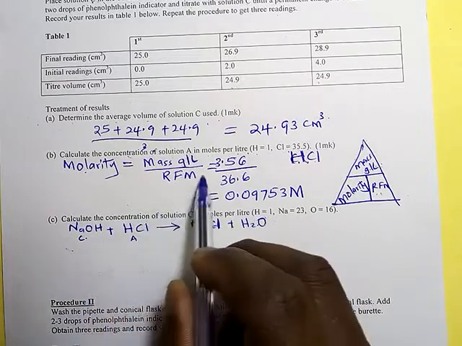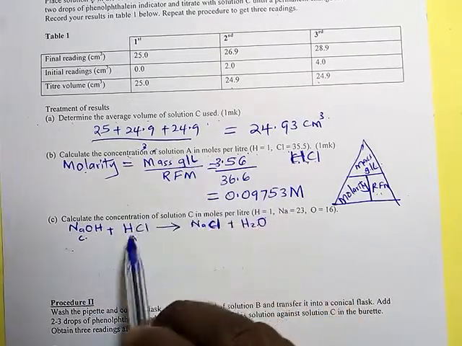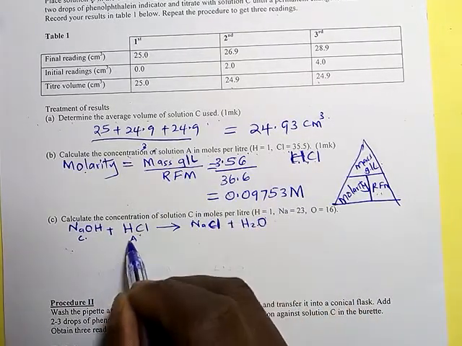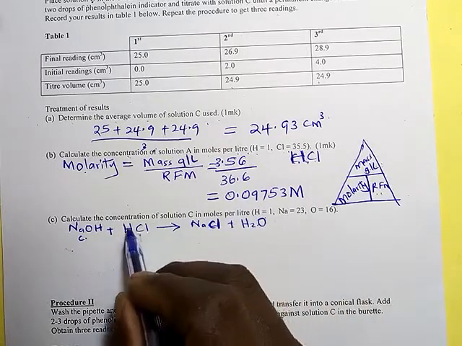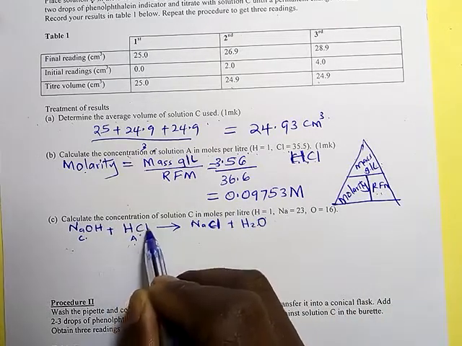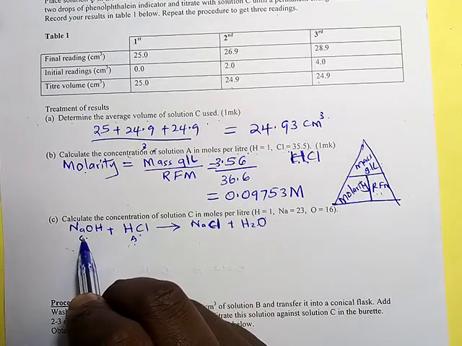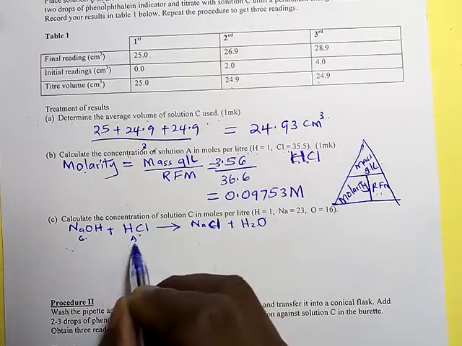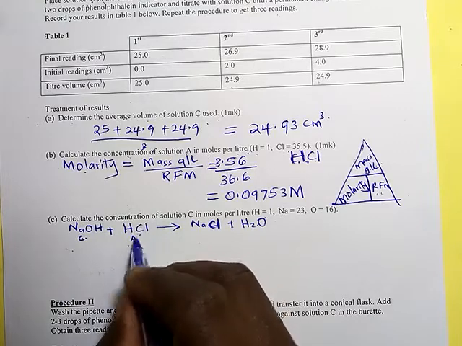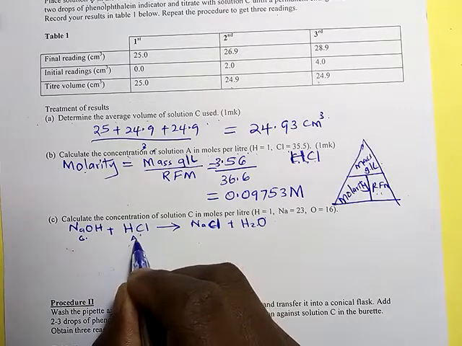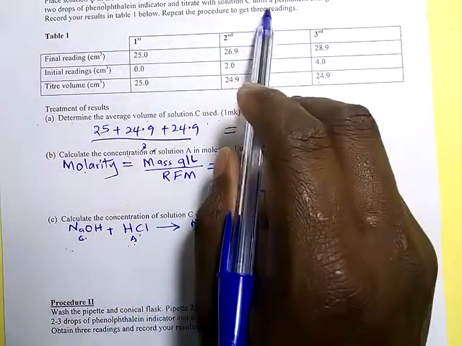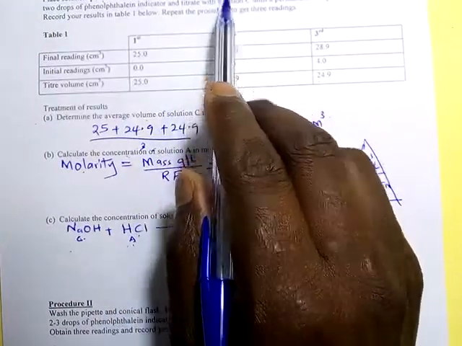But now we know the concentration of A. So 1,000 of A contains this. So we can get the number of moles of A that reacted with sodium hydroxide. Now that's where we begin. We have the concentration of A. We know the volume of A that was used. We pipetted 25. Transfer 25 here.